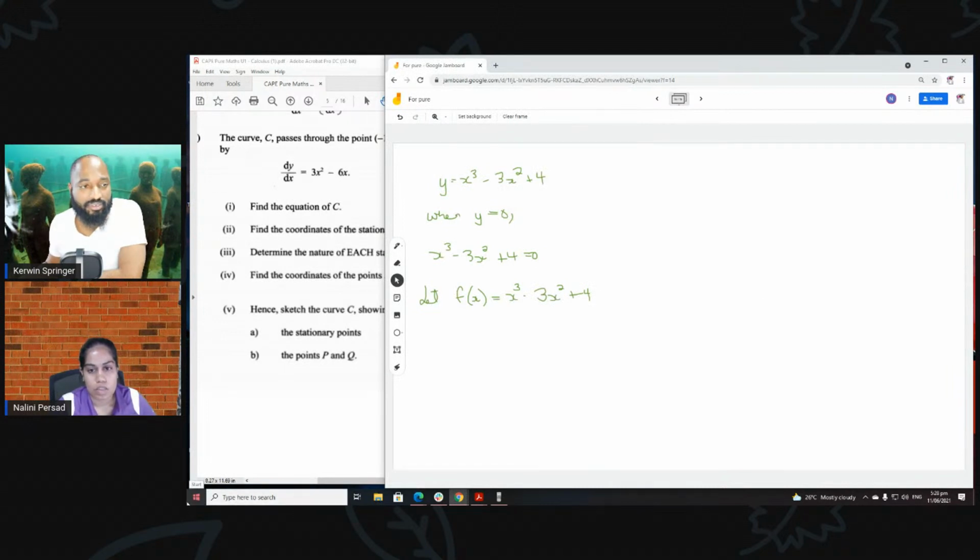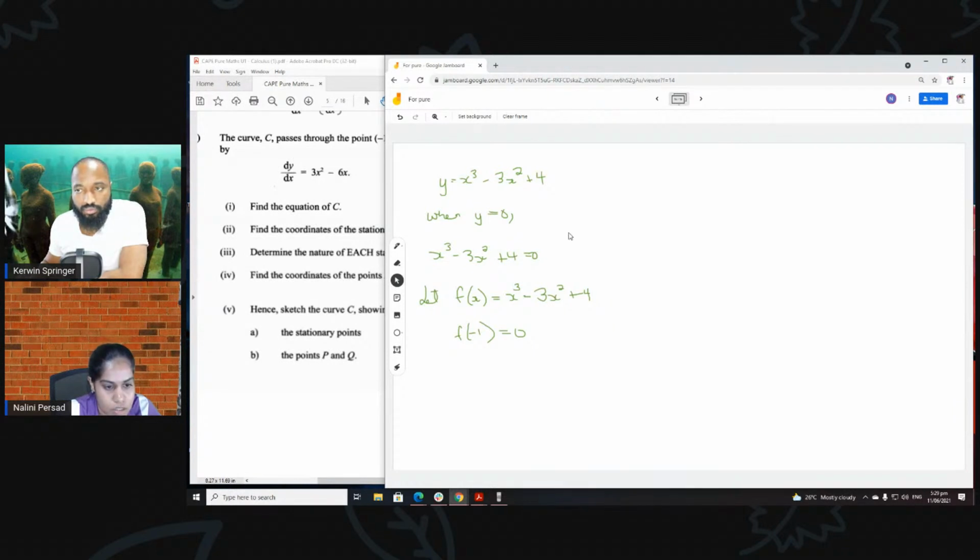Okay, great. Now in part B, they stated that the curve passes through the point -1, 0. So that means that when x is -1, y is equal to 0.